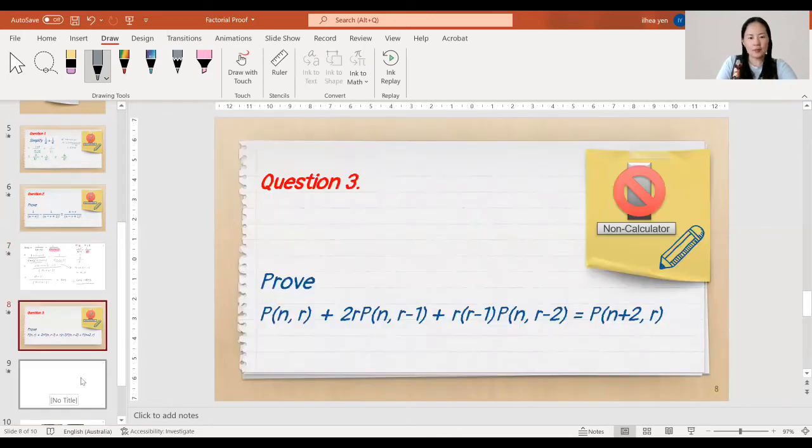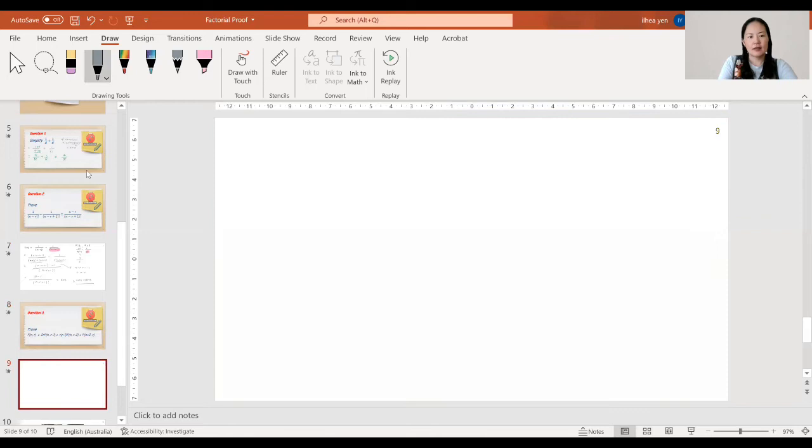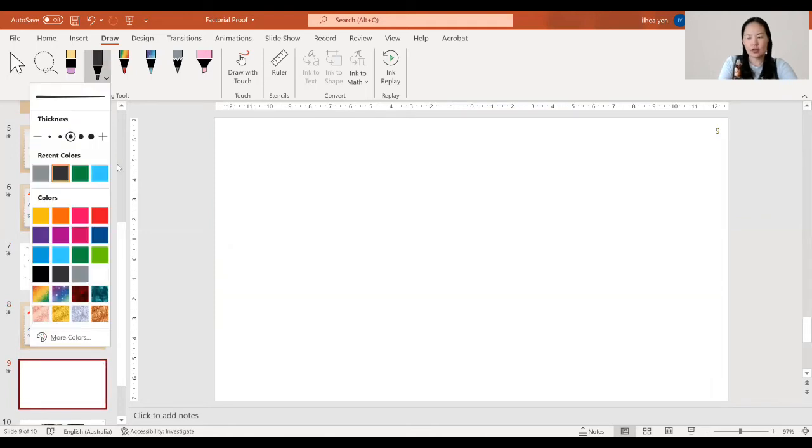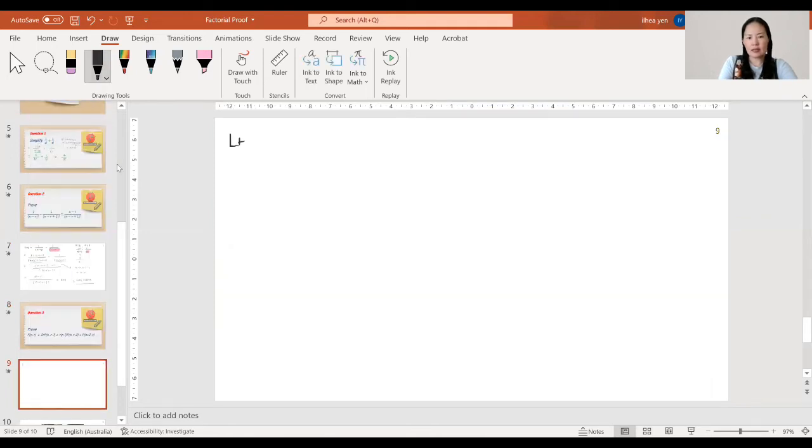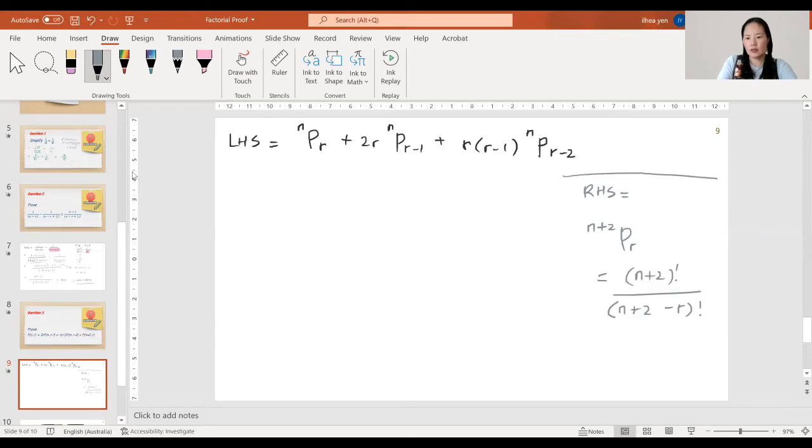Next question, I'm just going to rewrite this in a more familiar way. So I'm still going to use left-hand side equal to right-hand side. Our right-hand side, I'm going to leave on the side. So that's our goal.